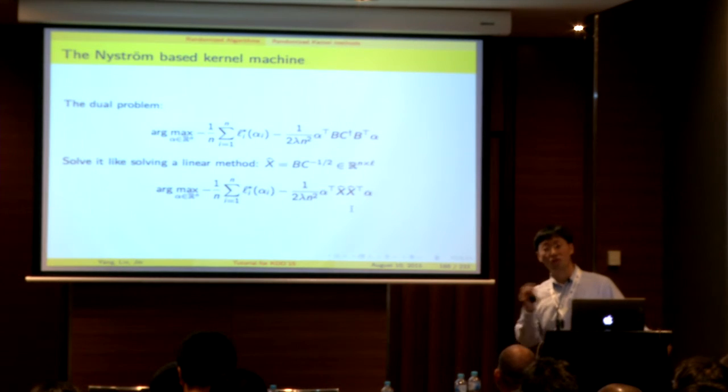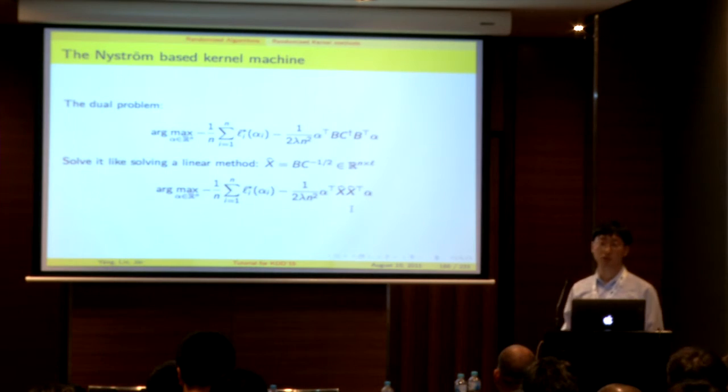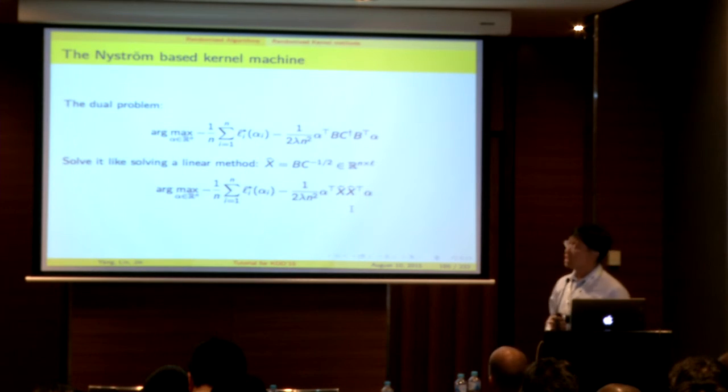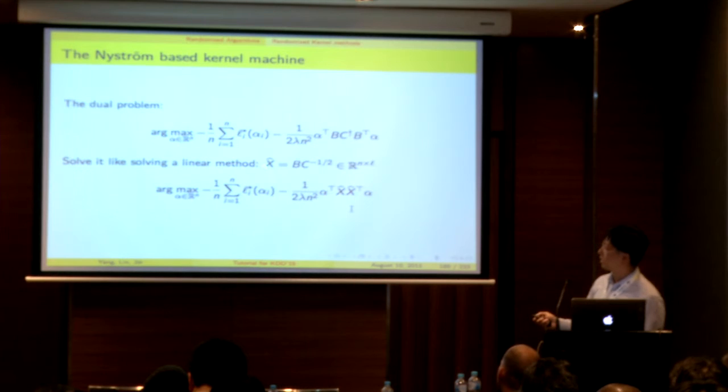You don't want to solve the problem using the kernel matrix. So here we can use the Nystrom approximation to compute the approximate kernel matrix, which is B times the pseudo inverse of C times B transpose. So here we calculate X hat, which is B times C to the power negative half.